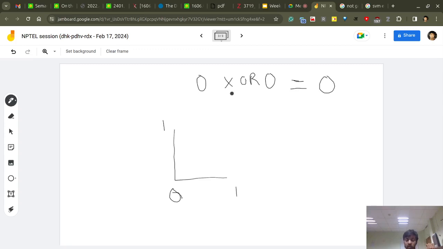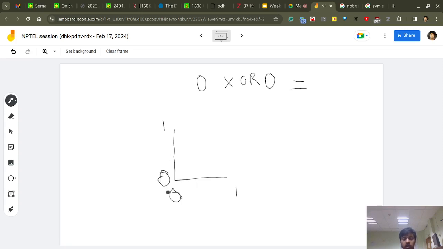So in XOR, if one of the bits is 1, then it is 1. If there is an odd number of 1s, then it is 1. If there is an even number of 1s, then it is 0. If the inputs are different, the output is 1.